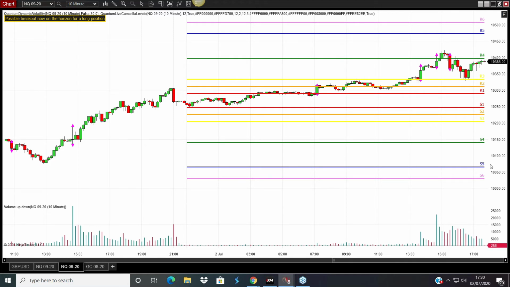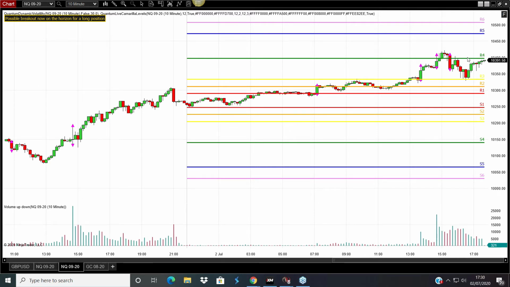What's interesting on my 10-minute chart is that the Nasdaq has paused and seems to have a little difficulty moving higher, and it's at the R4.